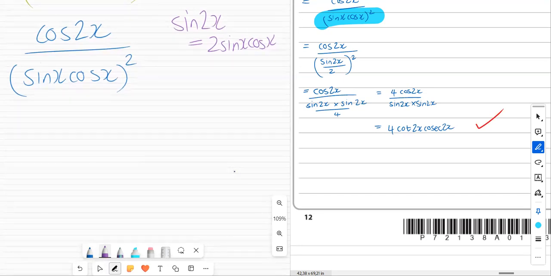So we want it to look like this. Currently, what's missing is this 2. So if I had a 2 there, I would have to divide by 2 again to make it look the same. Okay, so that's all that's gone on in this step. If there was a 2 here, then you'd have to divide it, and then you haven't changed anything.